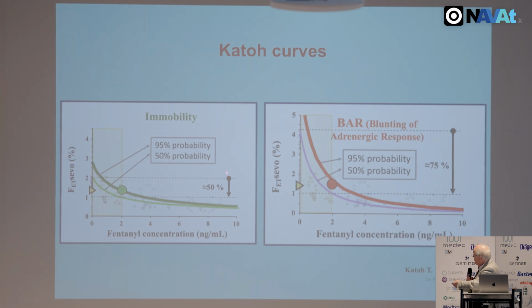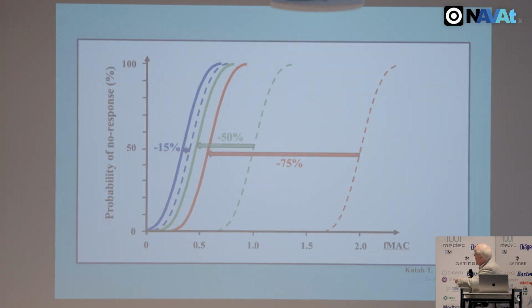The end-tidal partial pressure can be reduced by about 50% when you use fentanyl at that concentration, and BAR requirement can be reduced by 75%. So that's what I mean when I say these curves are shifted to the left, and I cannot say that MAC is shifted to the left, or that MAC has changed, because MAC is determined in a patient who does not receive other drugs.